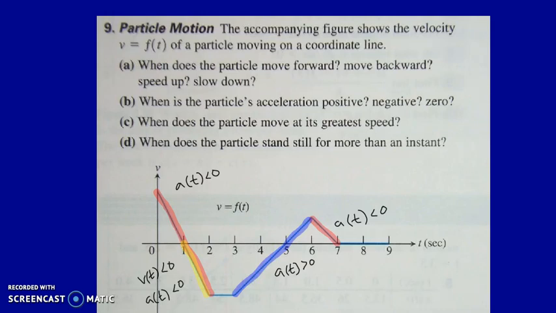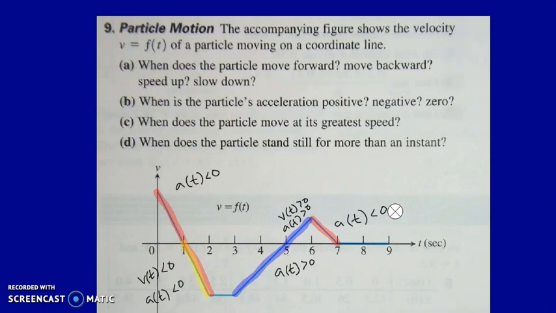Now, if we look at the interval from 3 to 5, I have acceleration as positive, but velocity is negative because it's still below the horizontal axis. But from 5 to 6, it jumps up to the positive, velocity is positive, and acceleration is also positive from 5 to 6. And that's where the particle is also speeding up. So from 5 to 6, the particle is also speeding up.